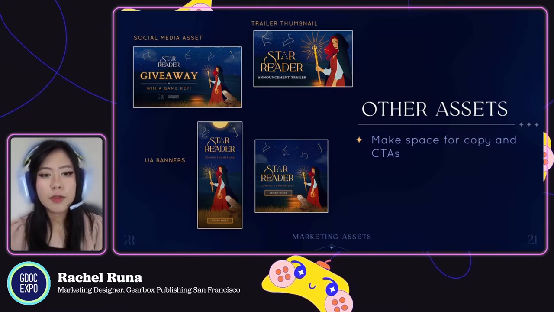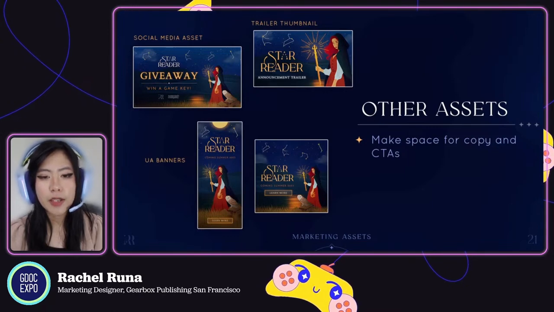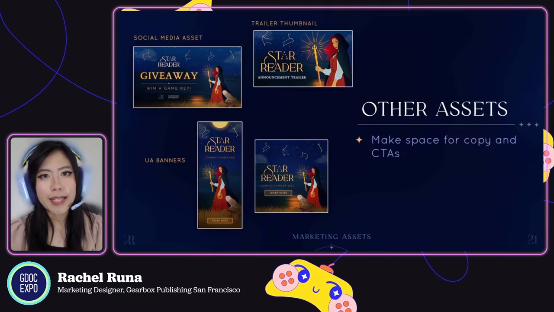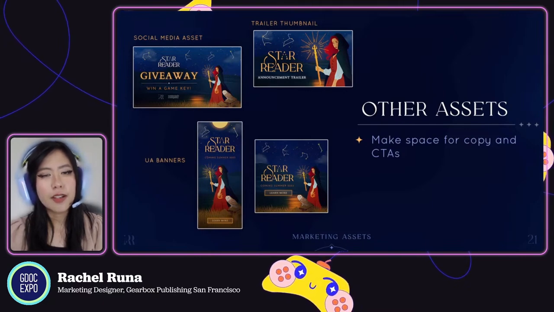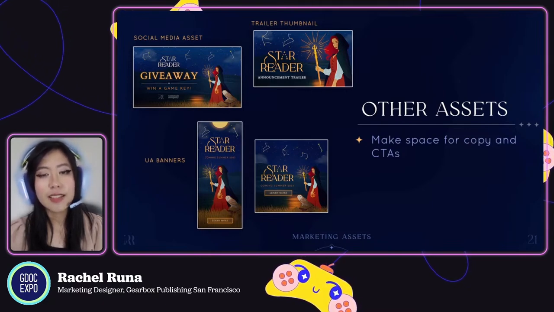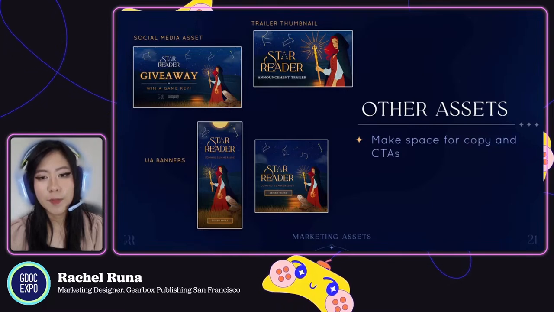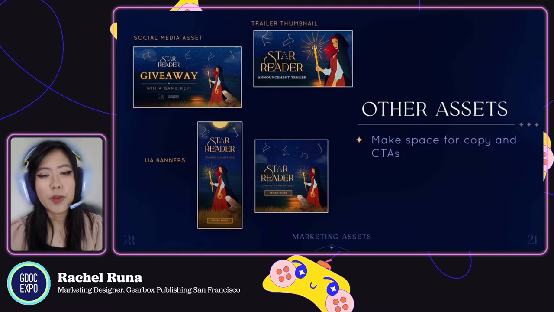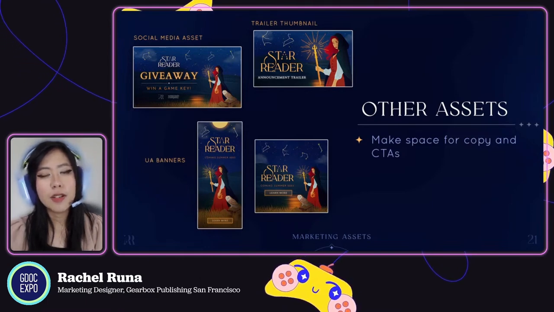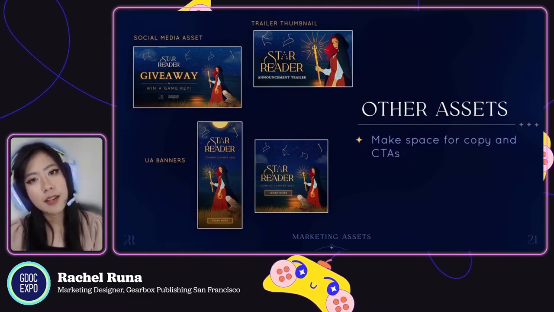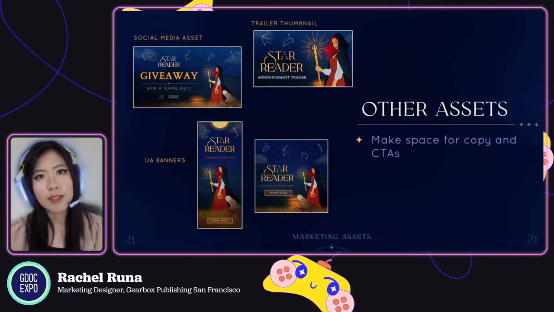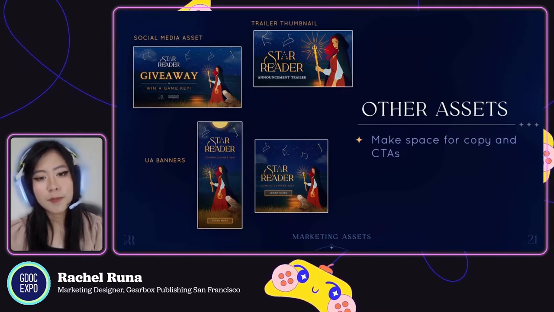When it comes to user acquisition banners, the one thing that you will always have on there are buttons, which is also the call to action. In this case, learn more. The copy maybe will be when it's releasing or when early access is or that it's coming soon in general. It depends on where you're at with your game.